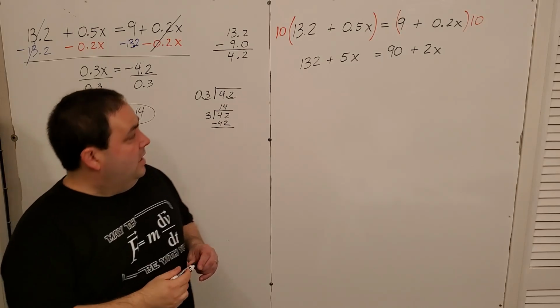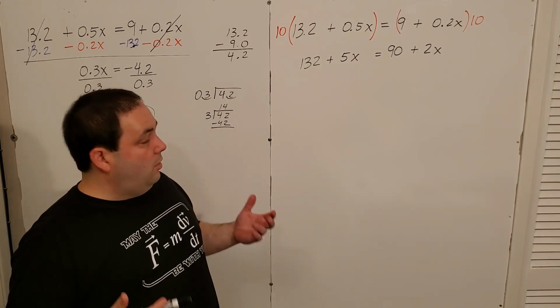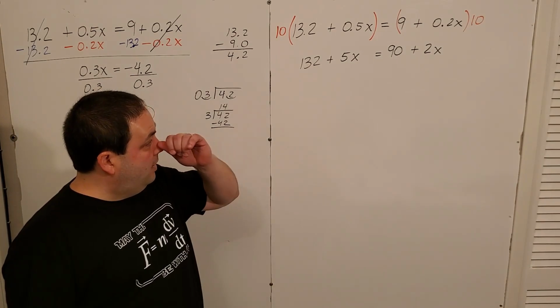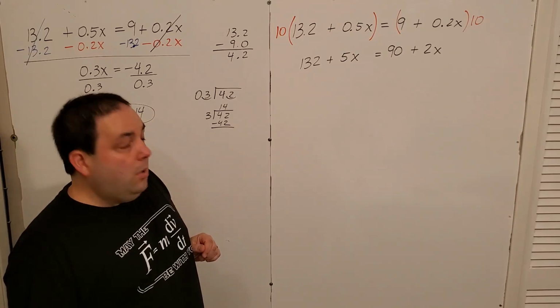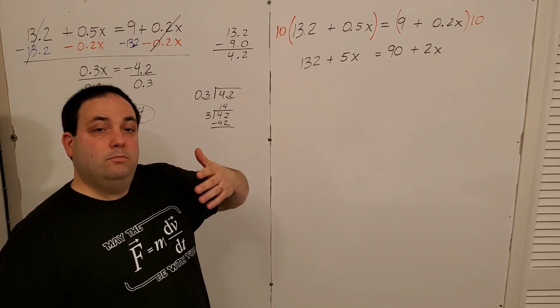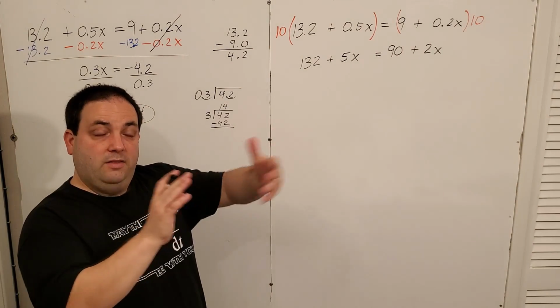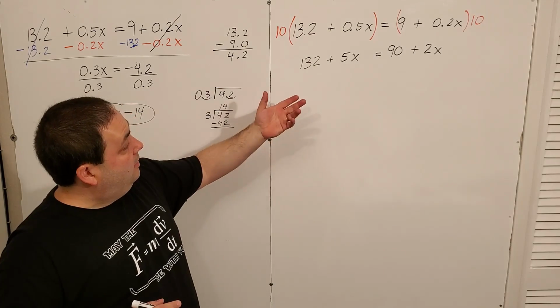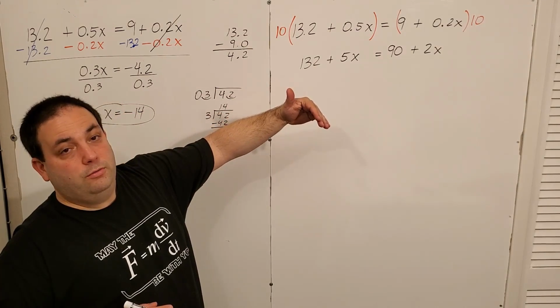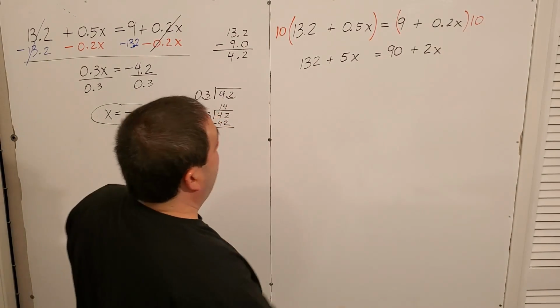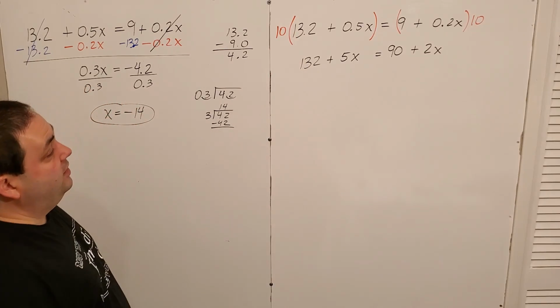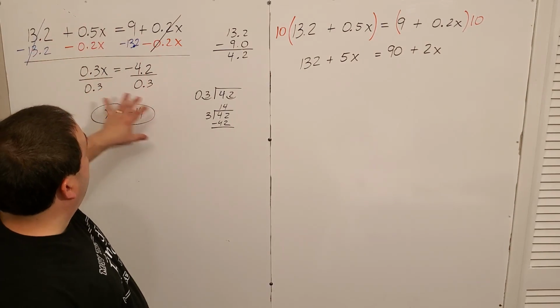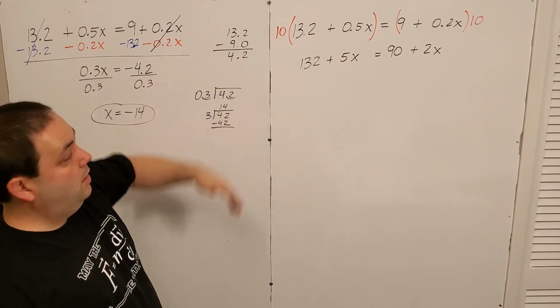So like I was saying, if the decimals really do irk you, or you just don't want to have them in the equation, it's completely okay to multiply by some round number of 10, 100, 1,000, whatever, and it'll move the decimal for you, right? And then, of course, the actual solving is no different here. It'll still look a lot like this one because none of the numbers actually change.